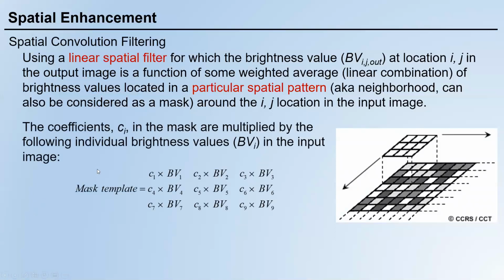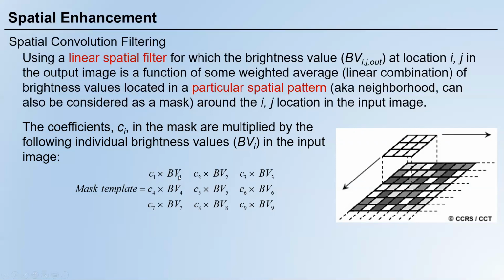Now, the coefficients, say Ci, in the mask are multiplied by the individual brightness values in the input image. We have 9 pixels: pixel 1, 2, 3, 4, 5, 6, 7, 8, 9. When a window is applied to this neighborhood, let's say pixel 5 is the central pixel.